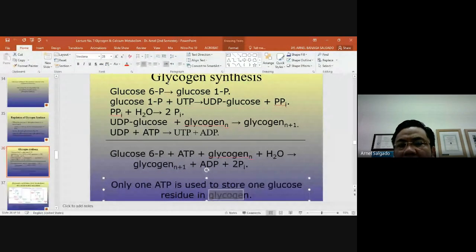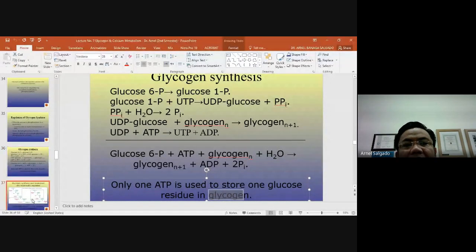This is how we are going to synthesize glycogen from excess glucose. I would like to make it clear, no? If you have a lot of glucose in the blood, it will undergo this process, the glycogen synthesis. All right? That's how it goes.